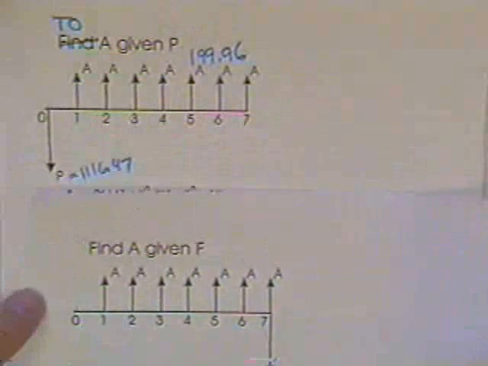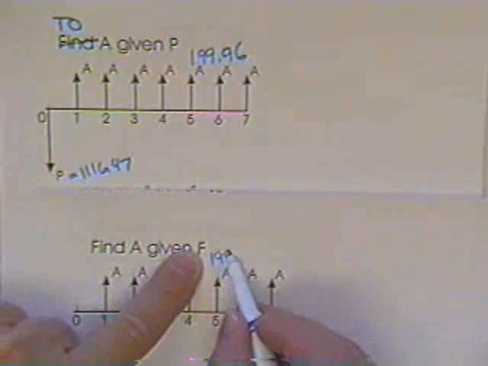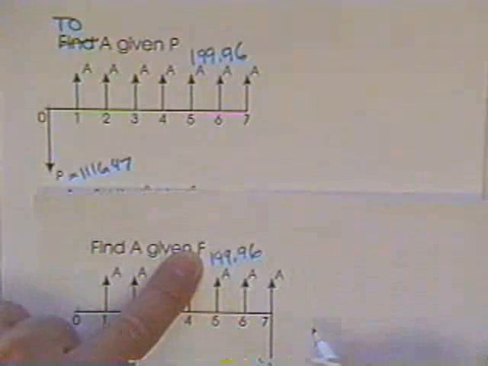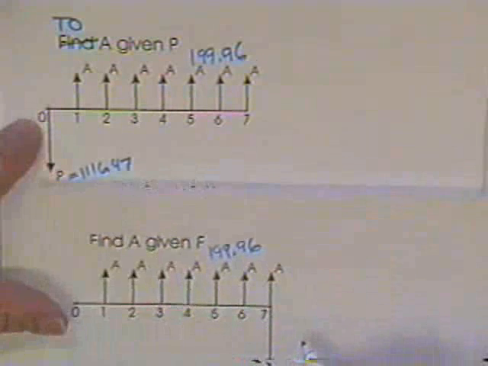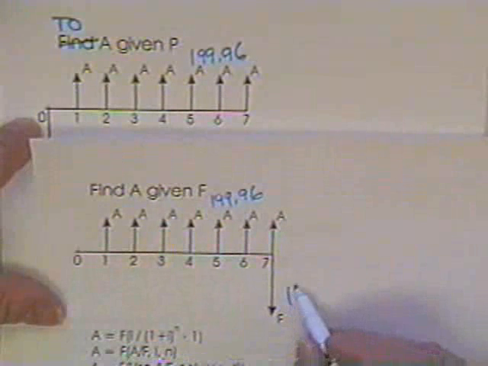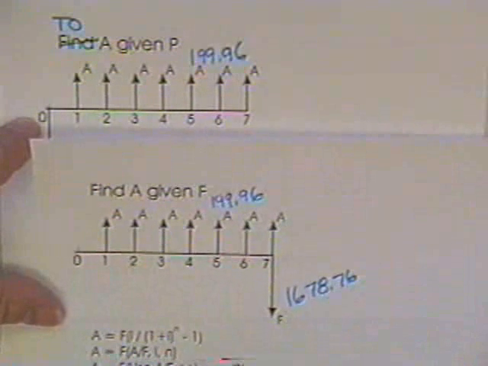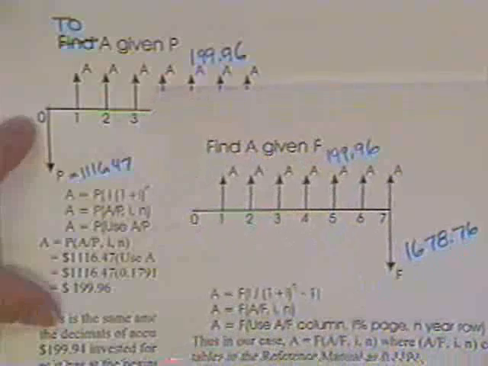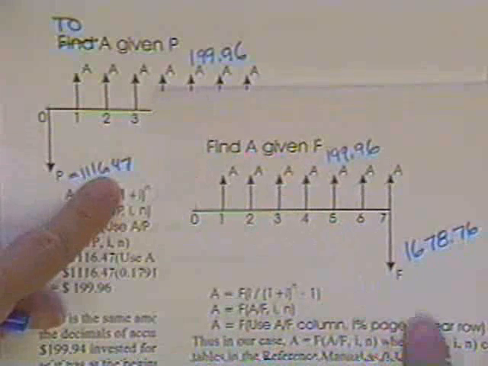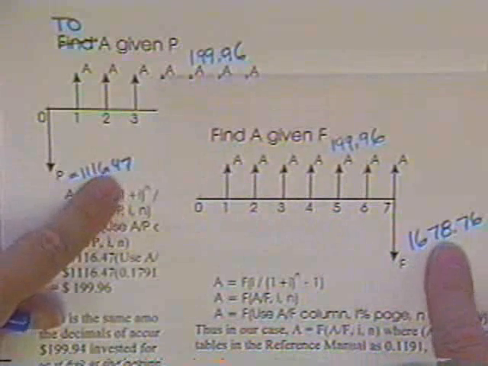is the same as being able to put in 199.96 and take out $1,678.76, then we really probably ought to find that this is the same as this, equivalence, value-wise.